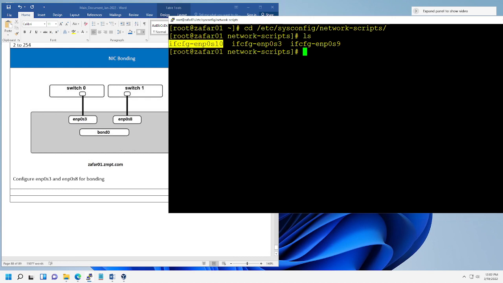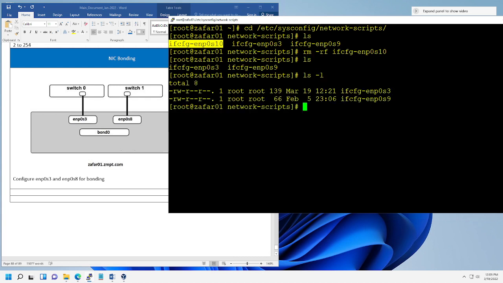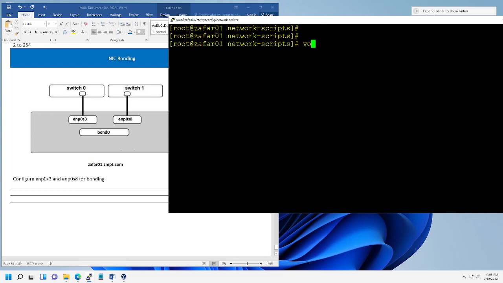Well, I don't know why it's showing up here, so I'm going to remove that. Alright, so I'm going to configure this ifcfg-ENP0S3 first. I'll hit enter.